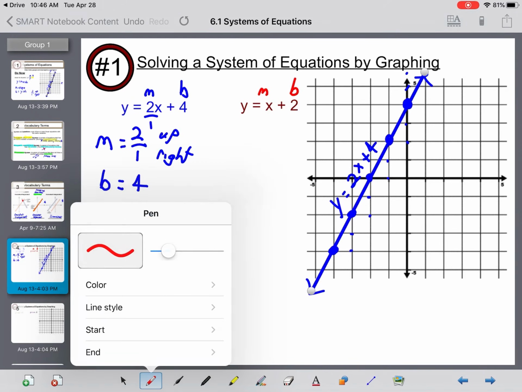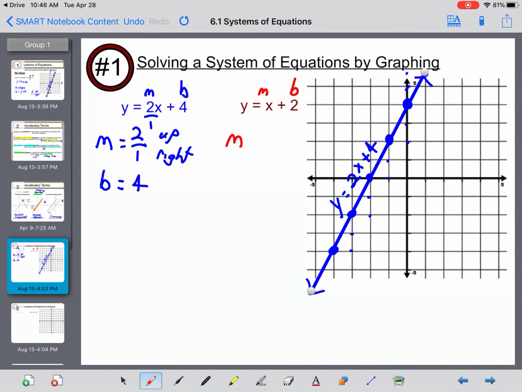Now we have to do the same thing for the red equation. Our slope: there's a number in front of that x that we don't see, and it's 1. So my slope is 1 over 1. Our b value, our y-intercept, is positive 2. So I'm starting up 2 from the origin. I'm going to follow that up 1, right 1 pattern.